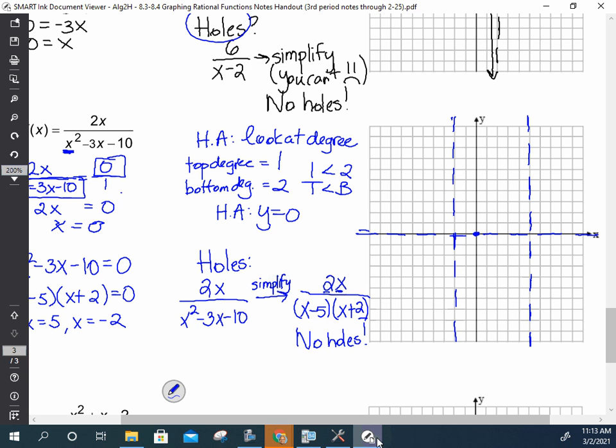So let's go ahead and graph it. -5 comma -0.3, -4 comma -0.4, -3 comma -0.75.